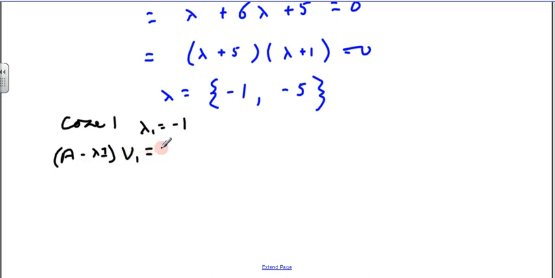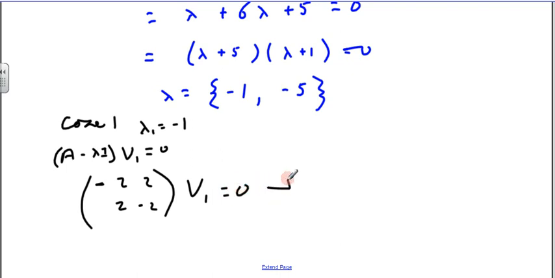It has to be 0. So I've got minus 2, 2, 2, minus 2 times V1 is 0. And by inspection, we have V1 is equal to 1, 1.